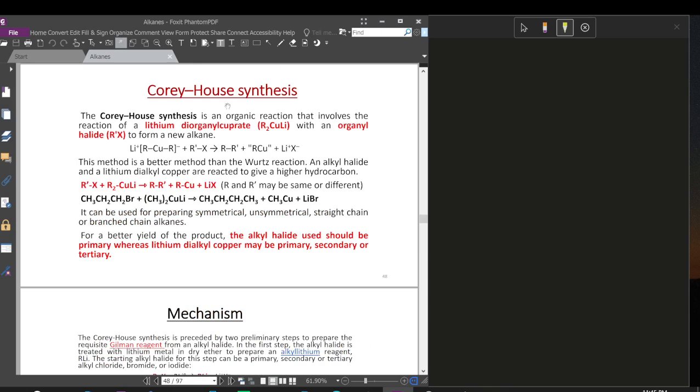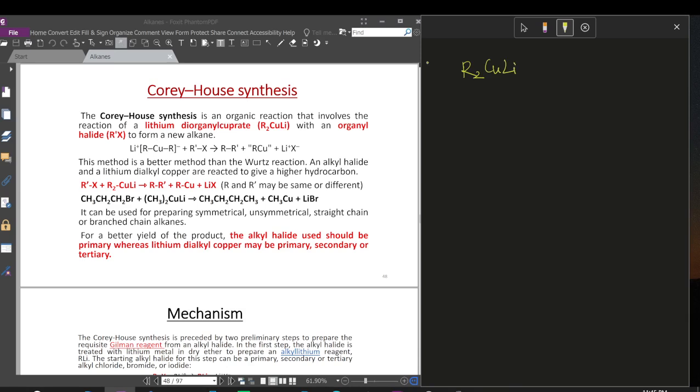In this Corey-House synthesis, we see that it is an organic reaction that involves the reaction of a lithium diorganyl cuprate, R2CuLi. Lithium diorganyl means two alkyl groups, and there is one copper in this cuprate. So this is lithium diorganyl cuprate, R2CuLi, reacting with an organyl halide, that means RX.